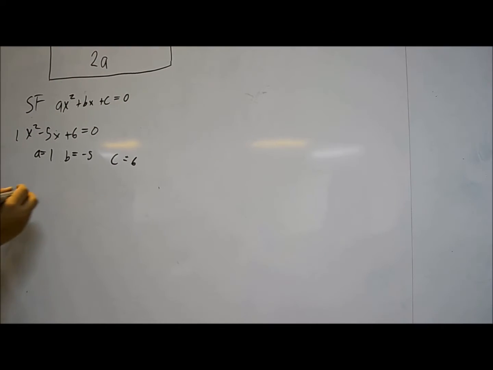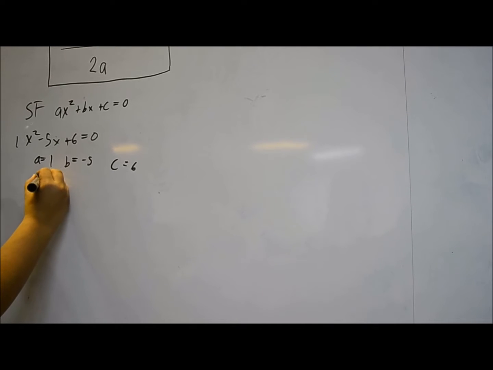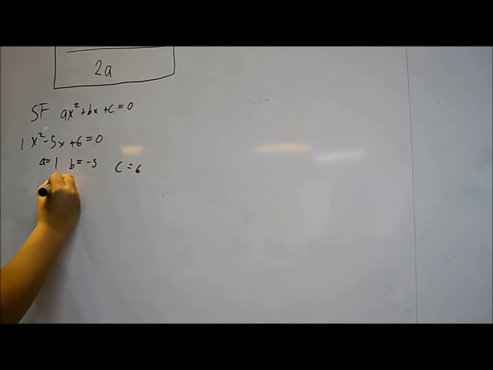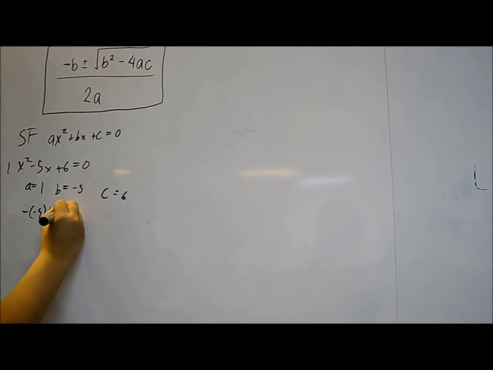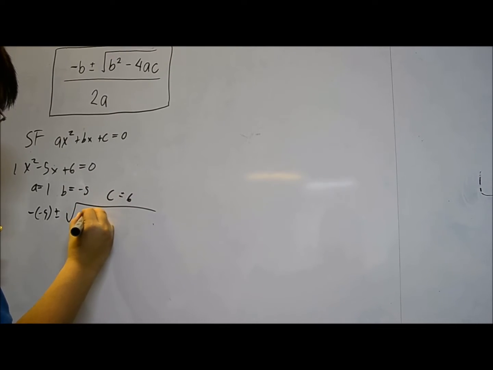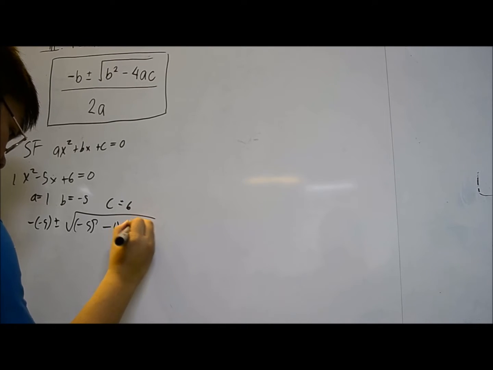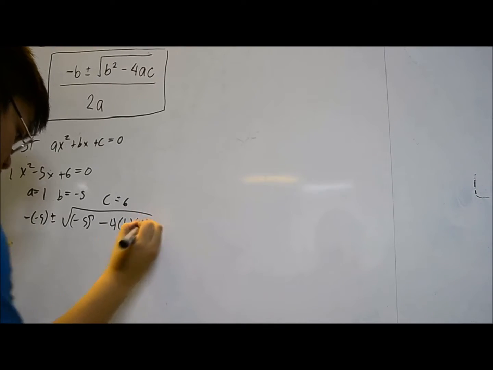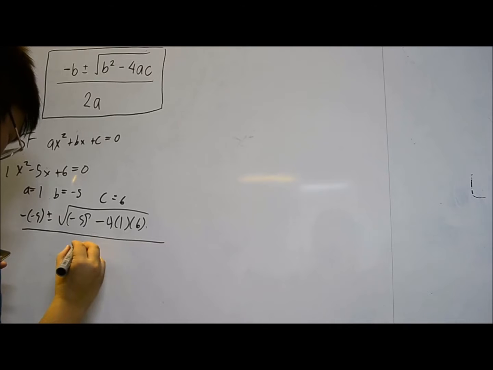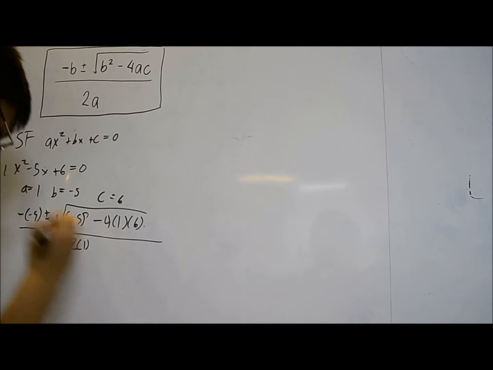Now, let's use the formula. Substitute the value of b, which is negative 5, plus minus the square root of negative 5 squared minus 4 times 1 times 6, divided by 2 times positive 1.